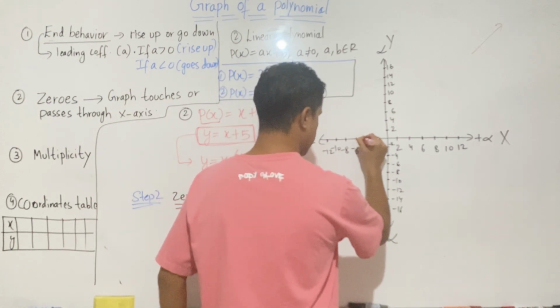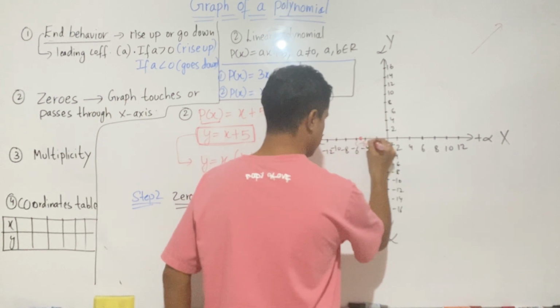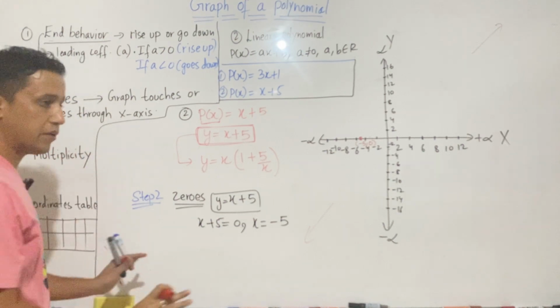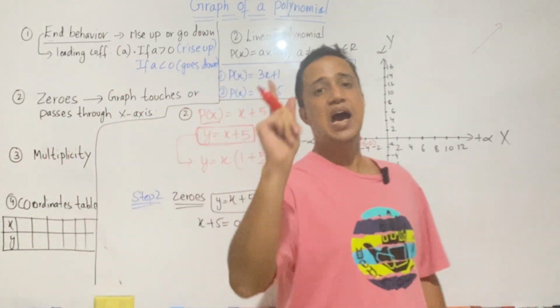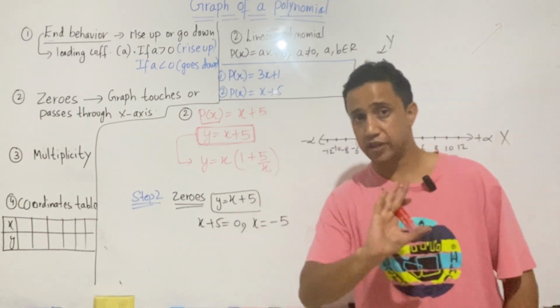This point is (minus 5, 0). My step number 2 is done, because a linear polynomial has only 1 zero. That zero is minus 5.